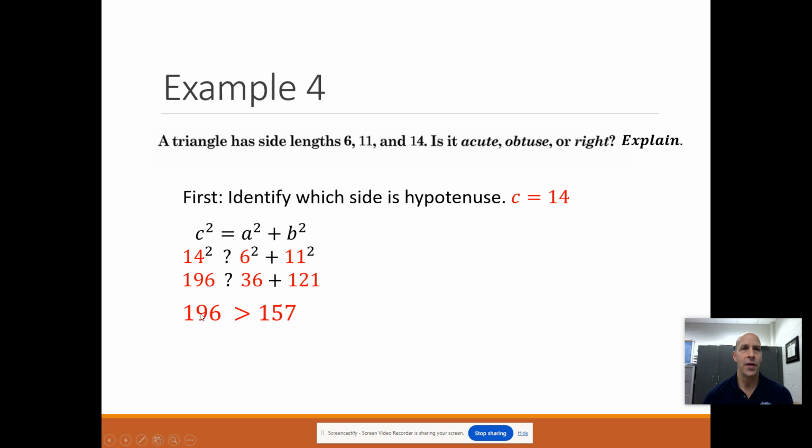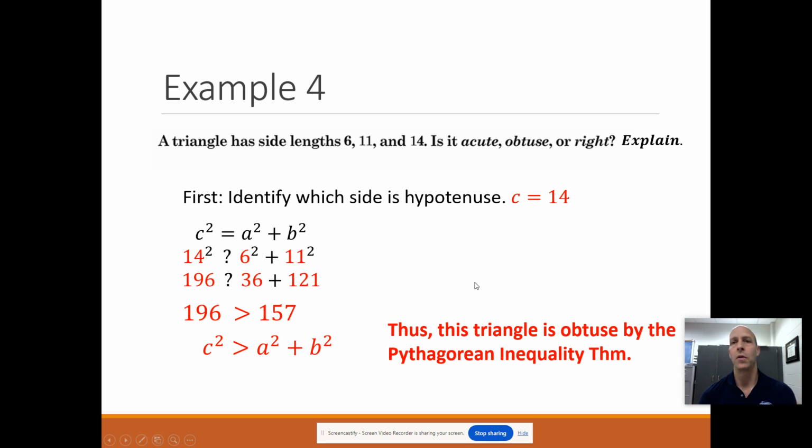It turns out that you get 196 on the left and 157 on the right, which means this inequality symbol is going to be greater than, because 196 is greater than 157. That means that c squared is greater than a squared plus b squared. So if we go back and look at our Pythagorean inequality theorem, we can now conclude that this is an obtuse triangle.